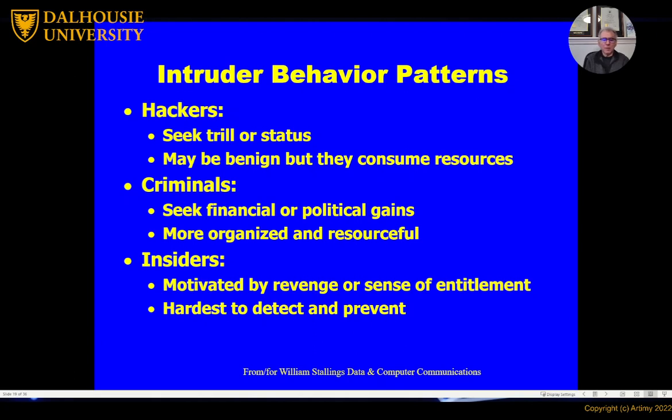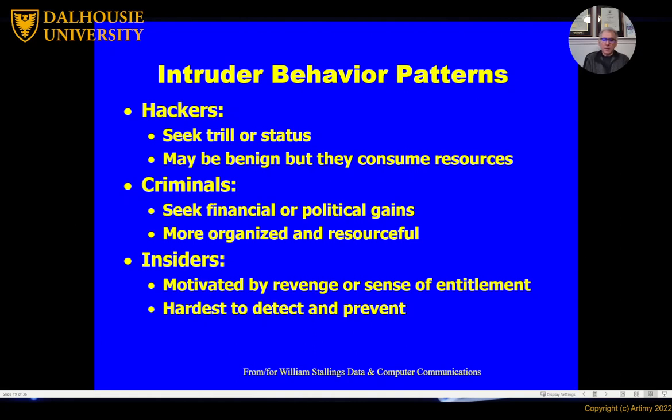Hacktivists are sort of hackers. They are trying to make a political point, right? So they may go and deface the website of a company that, in their view, is not an ethical company, so that they maybe expose it to the public for some political motivations. Criminals are usually more organized and resourceful, and now they are becoming more and more organized. They are running as a business rather than just hiding in the shadows, right?